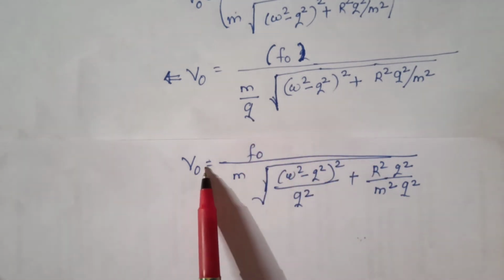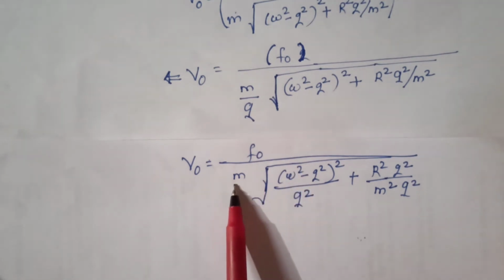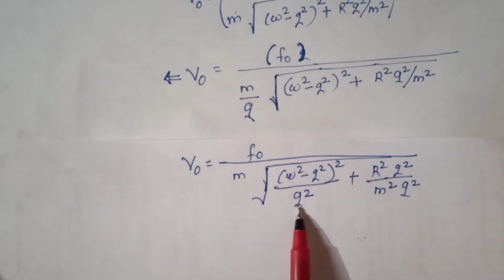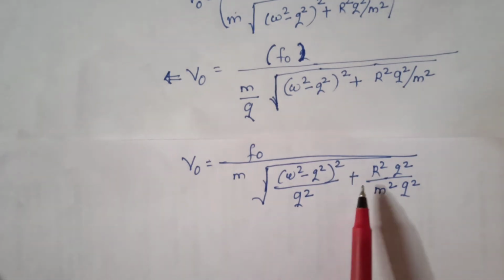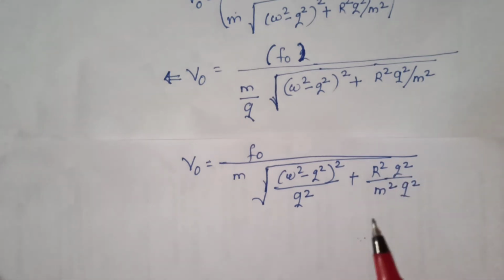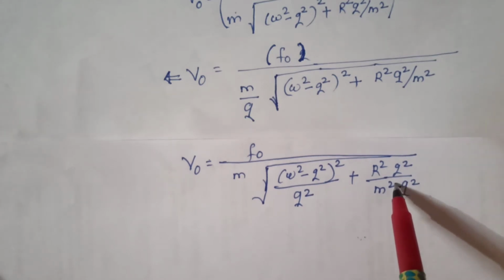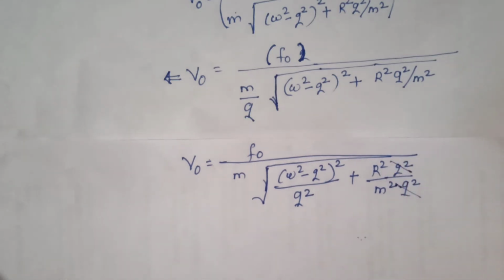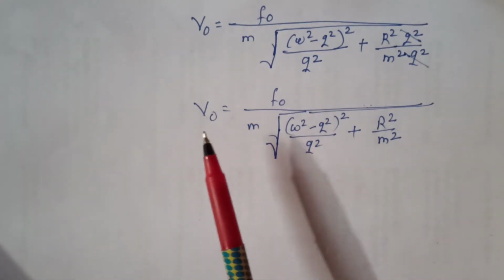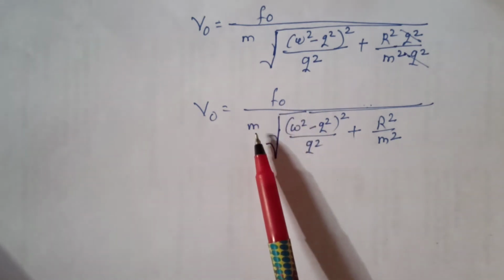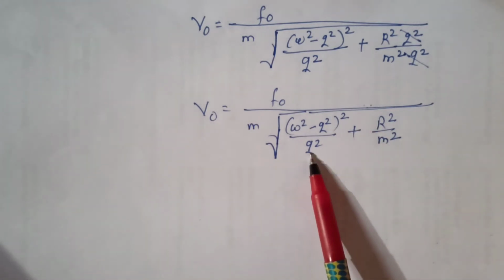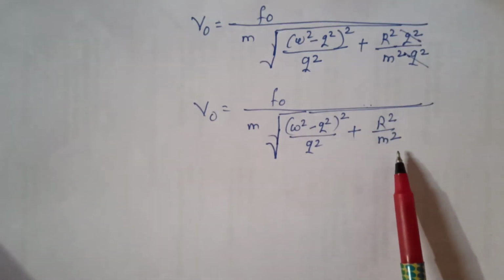Then v0 is equal to f0 divided by m square root of [(omega square minus q square) whole square divided by q square plus r square q square upon m square divided by q square]. This q square gets cancelled with this q square and we get v0 is equal to f0 by m square root of [(omega square minus q square) whole square upon q square plus r square upon m square].